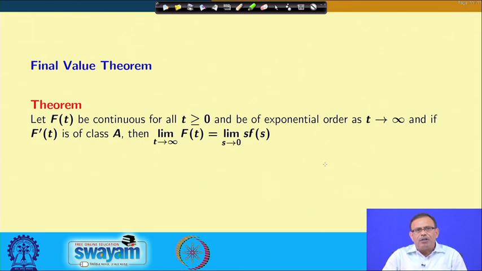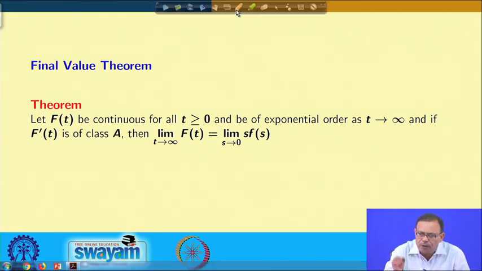And if f dash t is of class A, then limit t approaches infinity f t is equals limit s approaches 0 s f s. So, let us see the proof of this one.